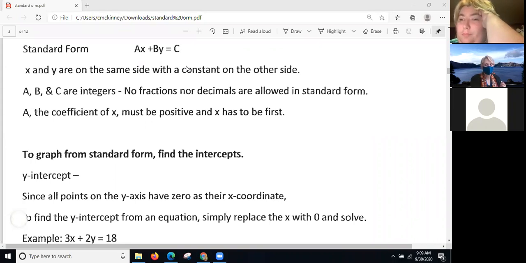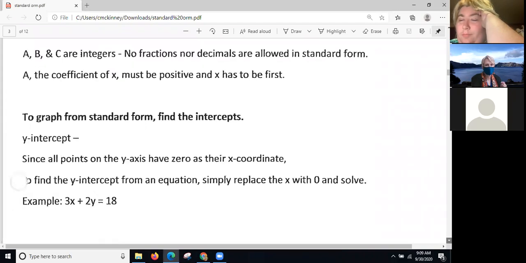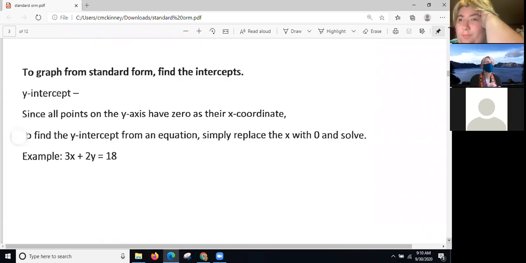So yesterday, you guys learned to graph with slope-intercept form, where you start on the y-intercept and then use the slope. But if you're going to graph from standard form, the first thing we're going to do is find both the x and y intercepts.